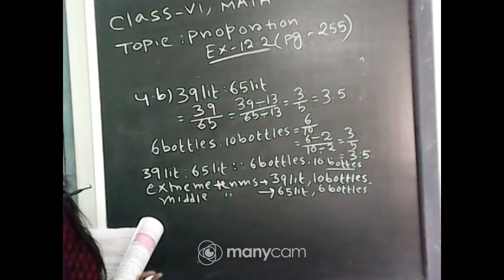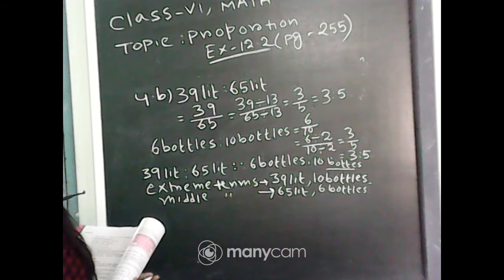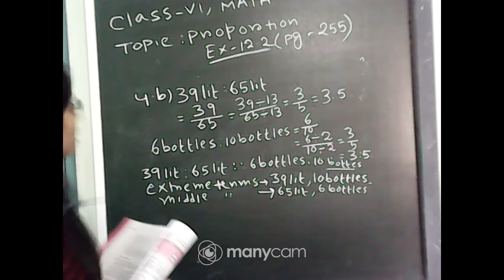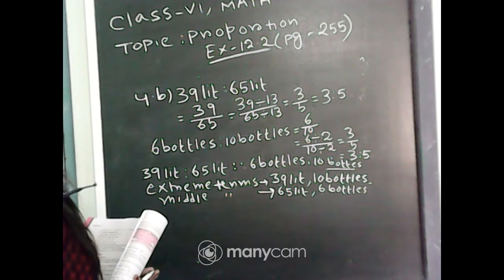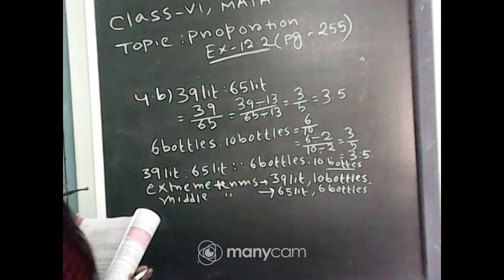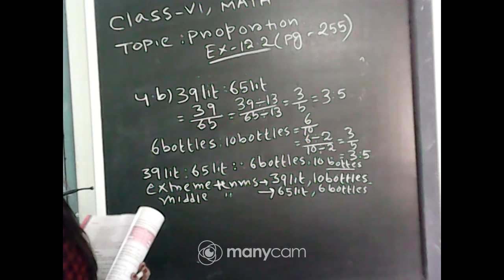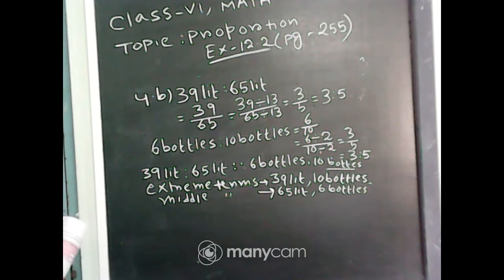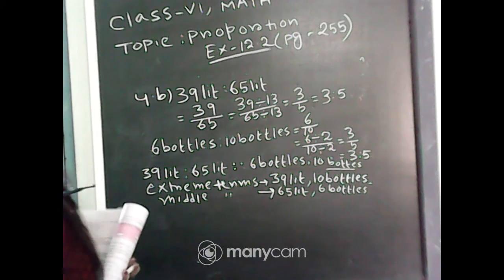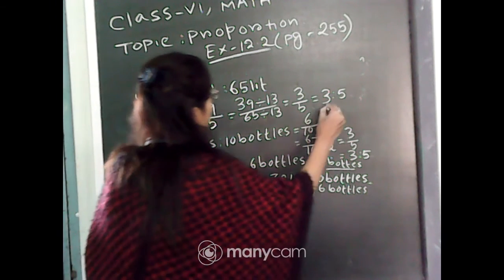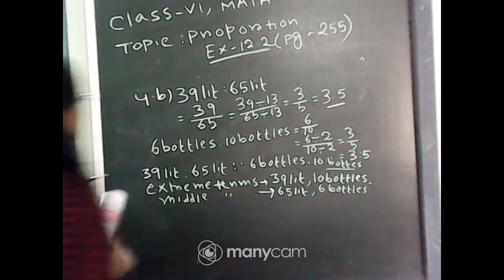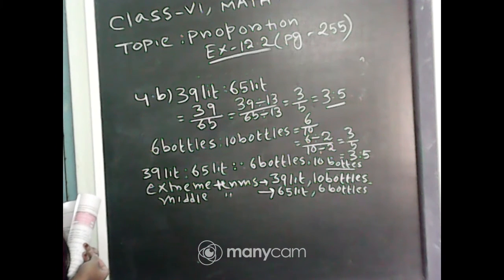Now 39 liter is to 65 liter is equal to 39 divided by 65. Now HCF of 39 and 65 is 13. Therefore, to get the simplest form, we divide both the numerator and the denominator by 13, and we get the ratio 3:5.